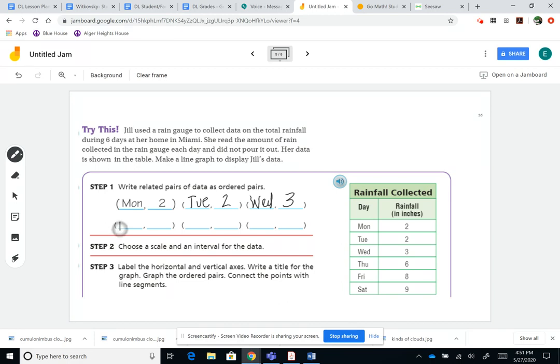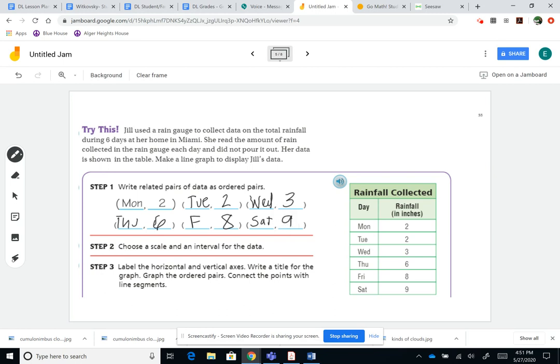On Thursday, I'll do TH, oh boy. Some of you guys are so good at writing on here. THU. On Thursday, there were 6 inches in the rain gauge. On Friday, there were 8. And on Saturday, there were 9.